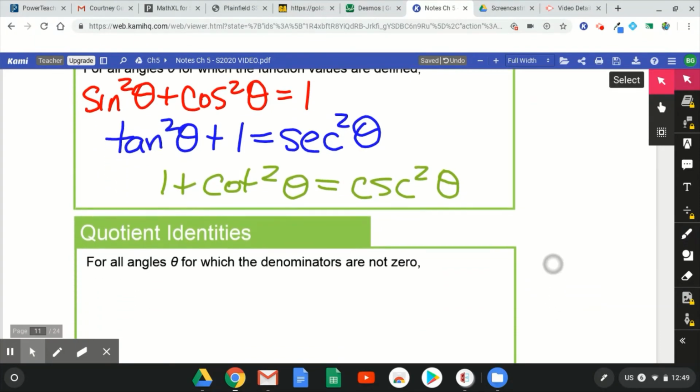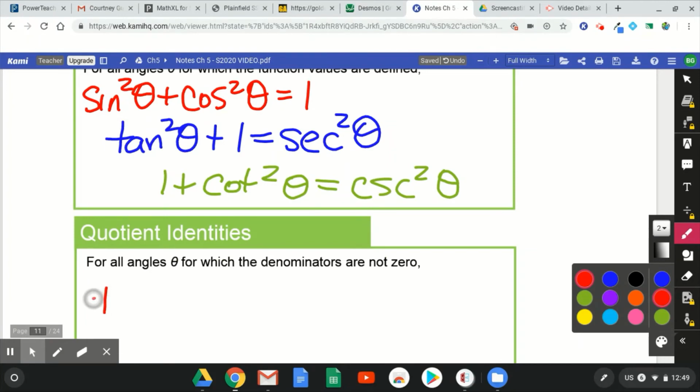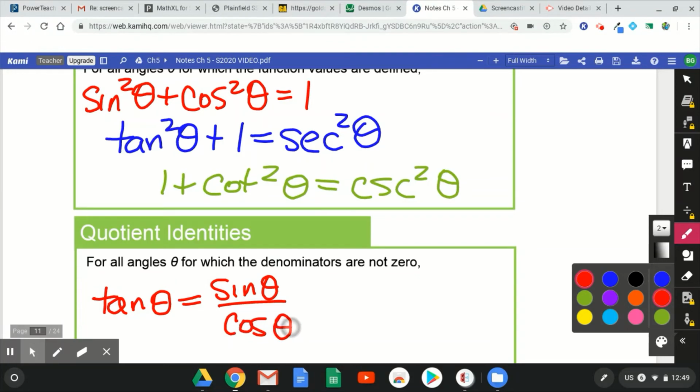Quotient identities. You might already know this one, but tangent theta is equal to sine theta over cosine theta. And this should make perfect sense if you've already memorized that tangent is y over x, and sine goes with y and cosine goes with x. So this should make a lot of sense to you.